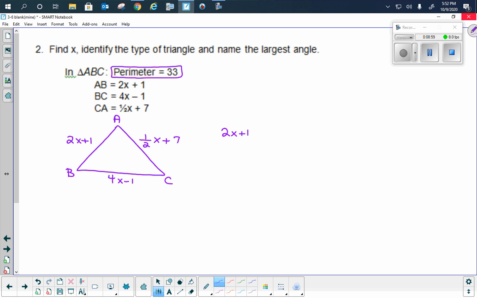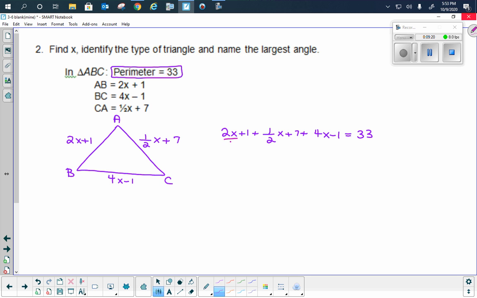2x plus 1 plus 1/2 x plus 7 plus 4x minus 1 equals perimeter, which is 33. Hopefully you're getting comfortable and kind of an expert at this.